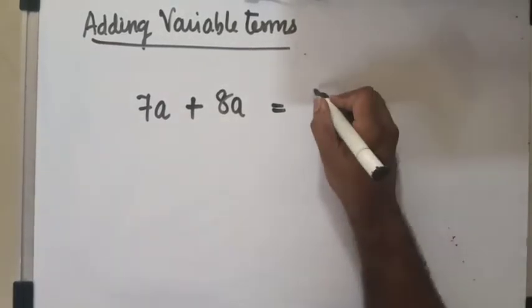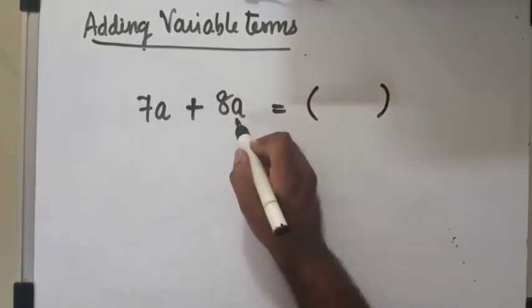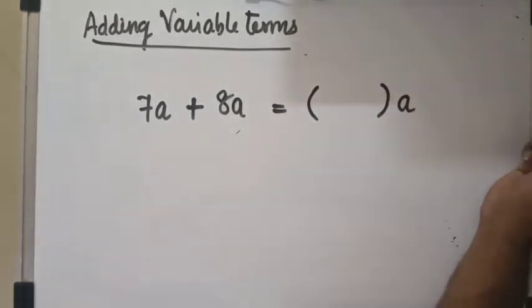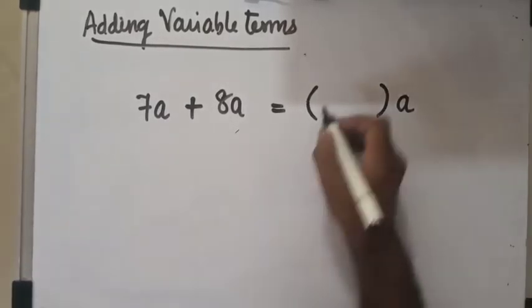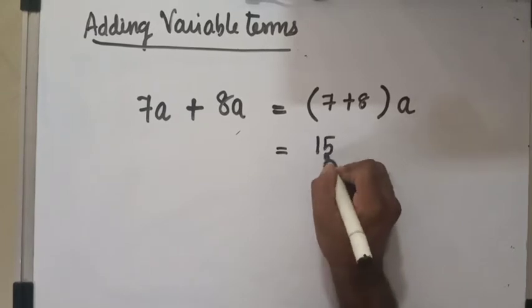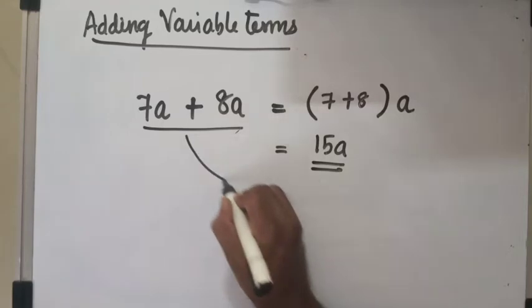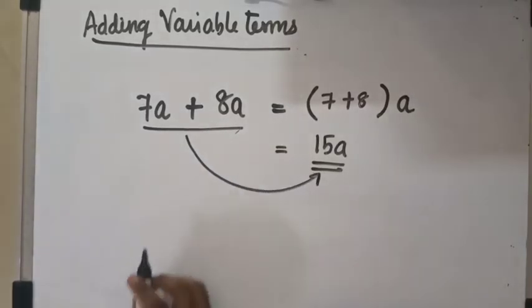How you add actually is, see this term as a and this term as a. So I can take a as a common factor outside, and what is left is 7 and 8. 7 plus 8 is how much? 15. So this becomes 15a. You can add directly.